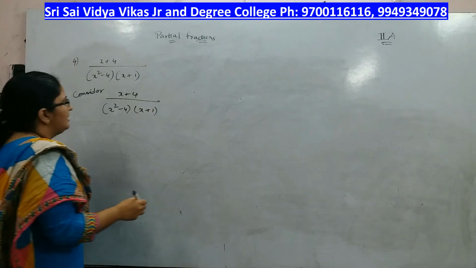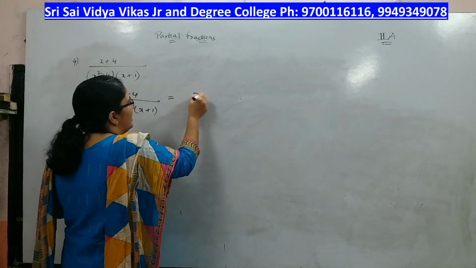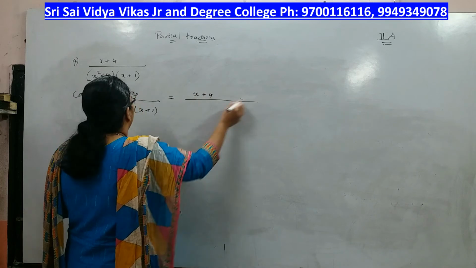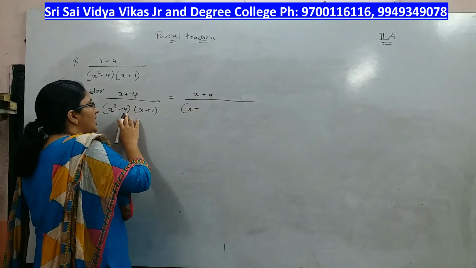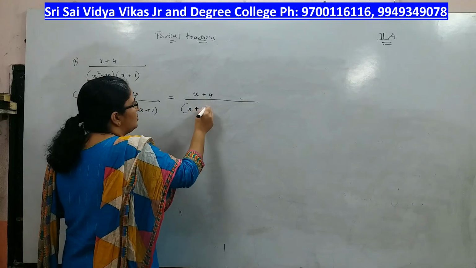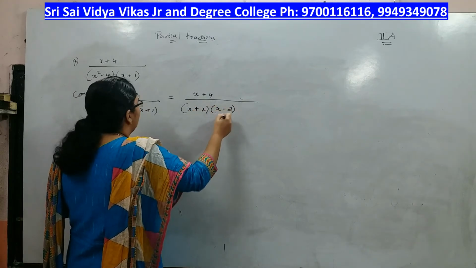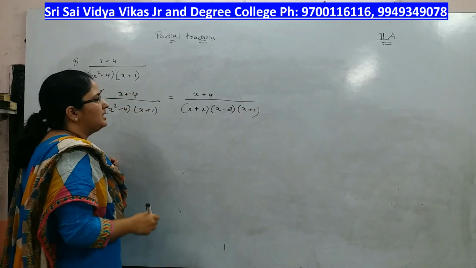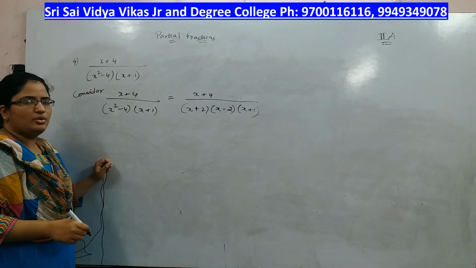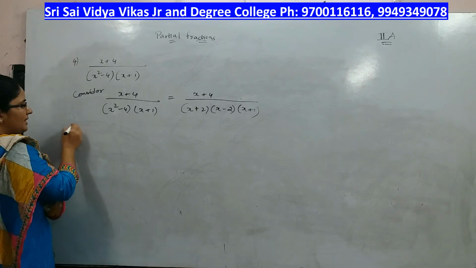Okay, this can be written as x plus 4 by x plus 2 into x minus 2 into x plus 1. So you have 3 factors in the denominator, so you will get 3 partial fractions.